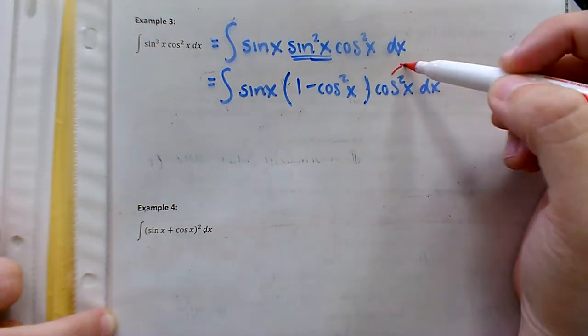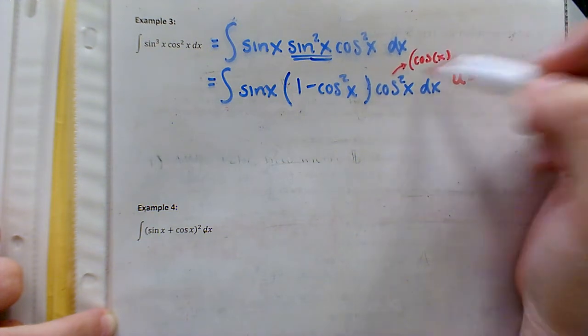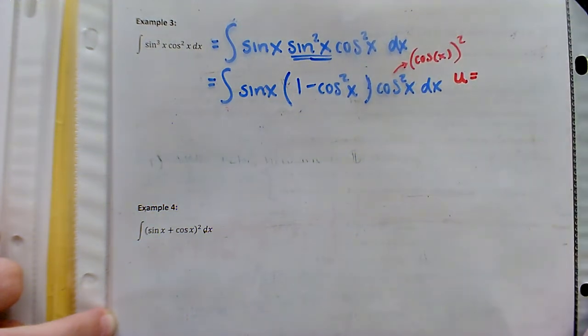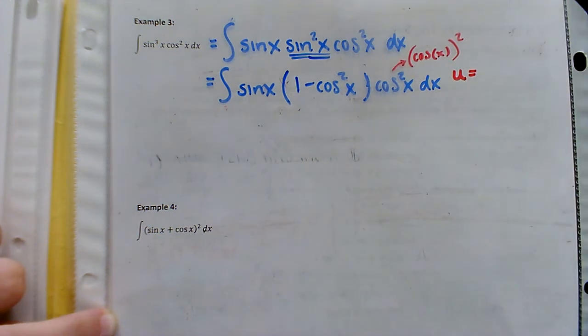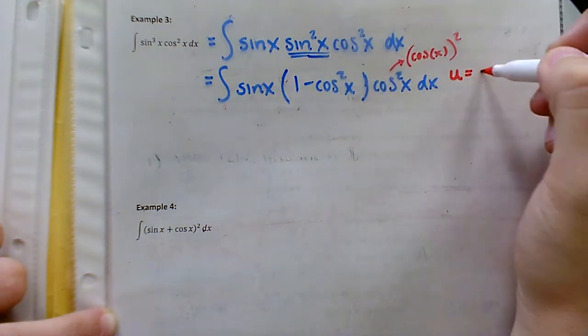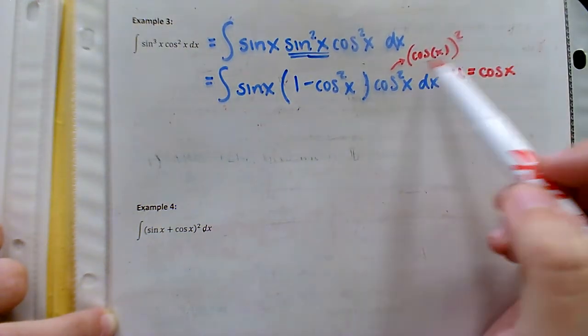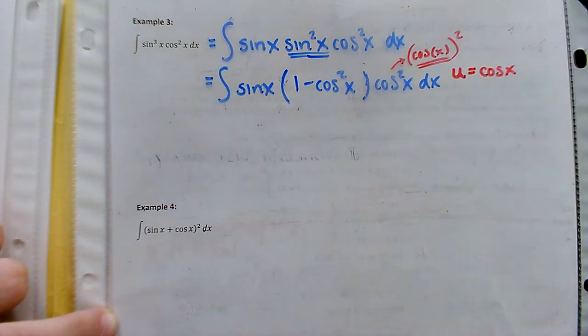But couldn't you technically also write cosine squared as cosine of x inside parentheses? Okay, so don't get caught up that the inside's always parenthesis values. Okay, it could be powered values as well. What if we let u be cosine of x? Because that's kind of on the inside of this squared idea.